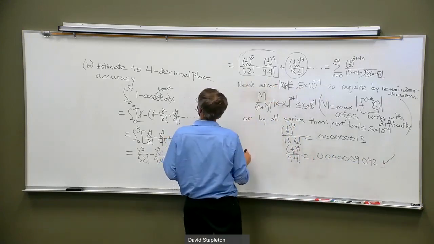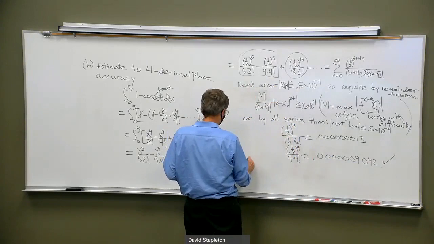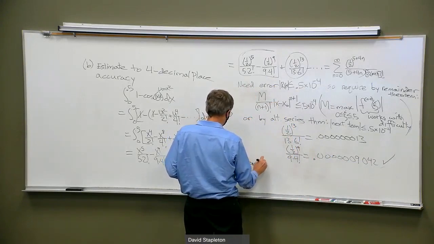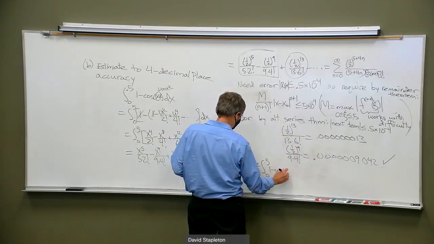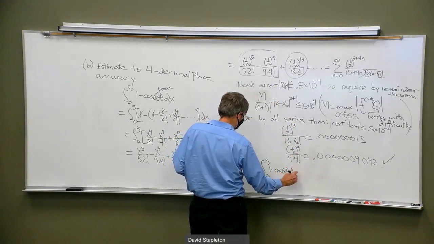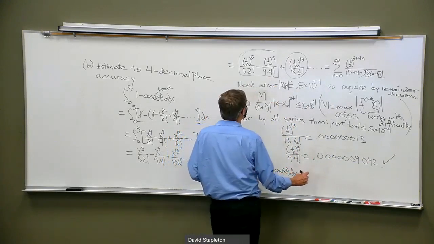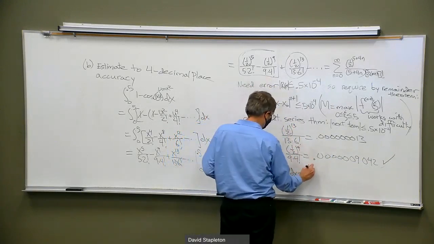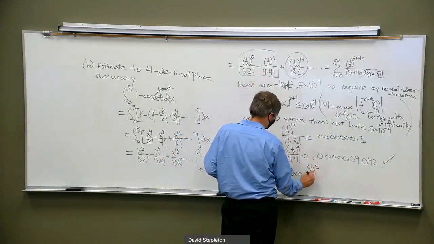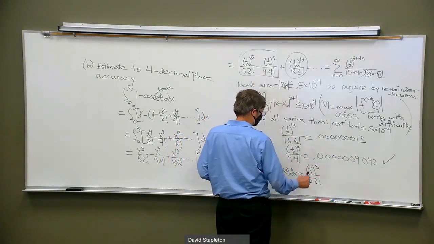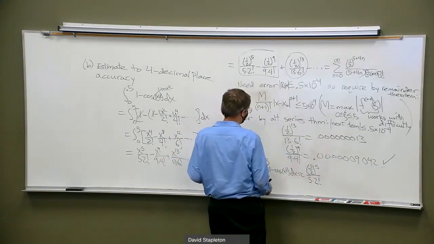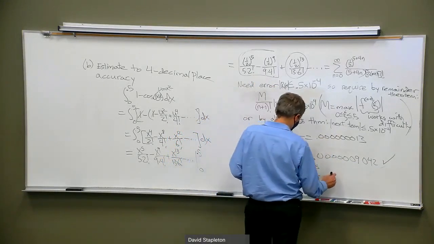Hence the integral from 0 to 0.5 of 1 minus cosine x squared dx is approximately this first term, (1/2)^5 over 5 times 2 factorial, with error less than 4 decimal place accuracy at least.